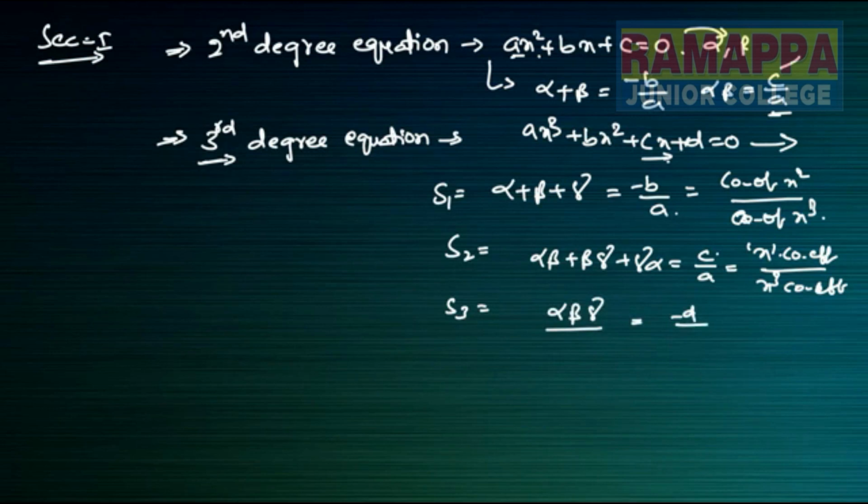Here d is the constant term, so it is minus the constant term divided by the coefficient of x³.